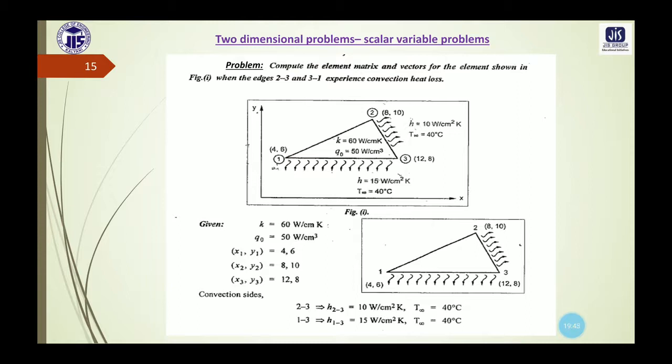Now let us discuss one numerical based on this concept of heat transfer for two-dimensional elements. The question states that we need to compute the element matrices and vectors for the element shown in this diagram, when the edges 2, 3 and 3, 1 experience convection heat loss.